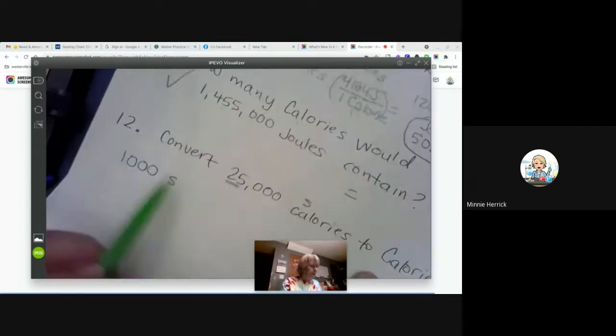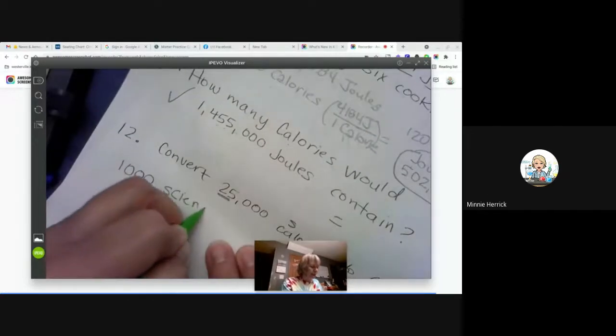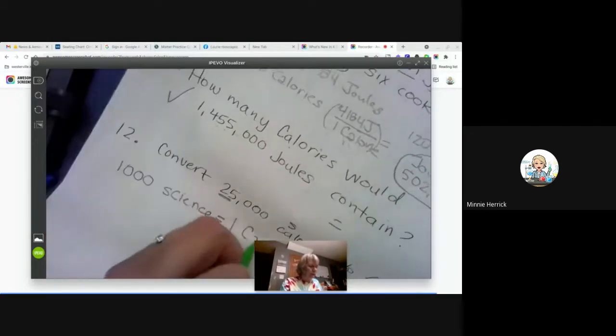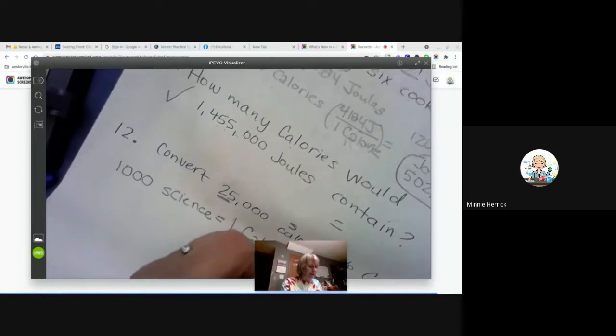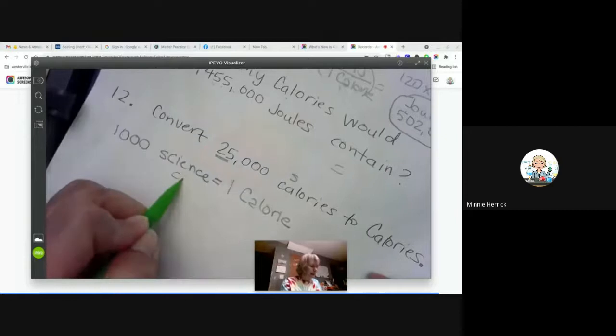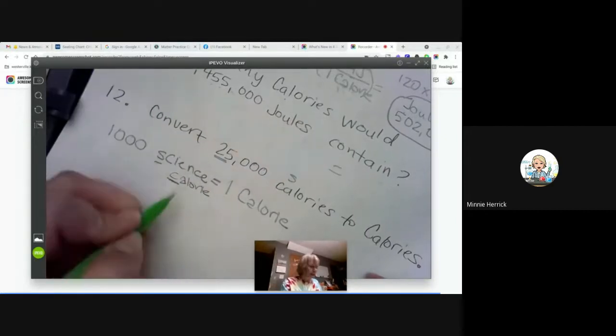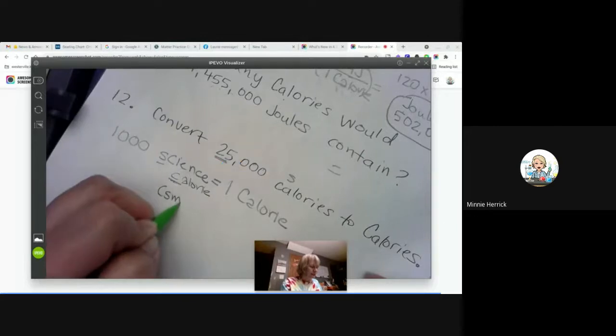The next one I mentioned earlier, because it's 1,000 science calories for every one big food calorie. Every time you have a calorie of food, it's going to be 1,000 science calories. And now remember that science calories have a small c. It's a small c letter.